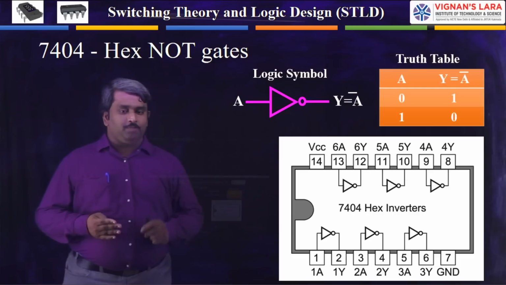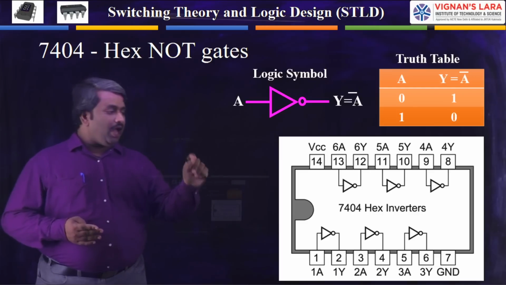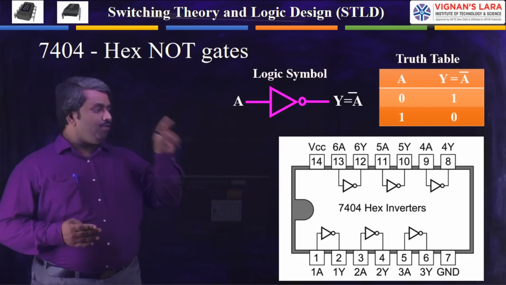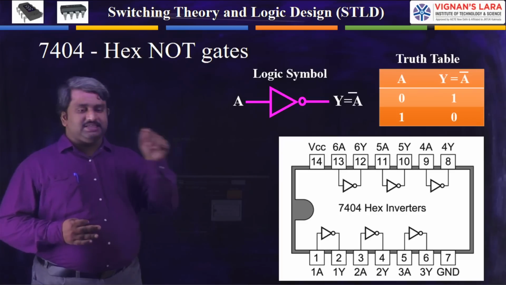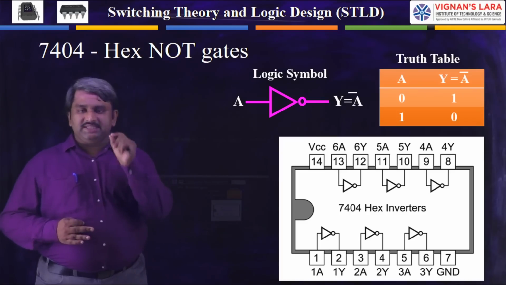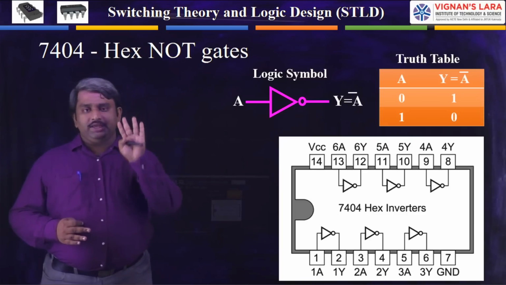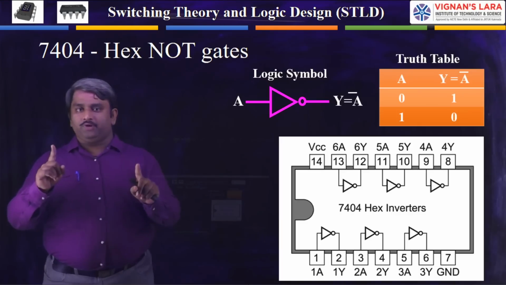Next, coming to the second point. In this IC, how many inverters do we have? Downside 1, 2, 3, and upside we have 4, 5, 6. Totally 6 inverters are available. For each NOT gate, 1 input and 1 output are available.